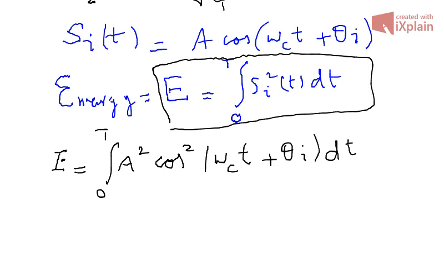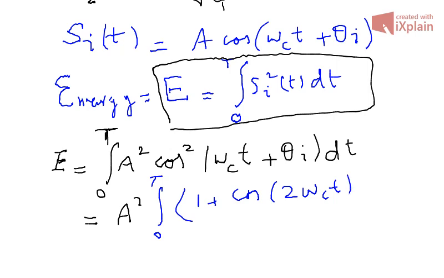This is just the square of the signal in the duration 0 to T. If we find this integral, we can put A squared outside the integral, and use the mathematical identity, which is (1 + cos 2 omega_c t) divided by 2.